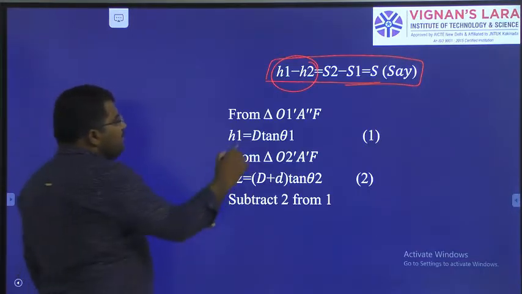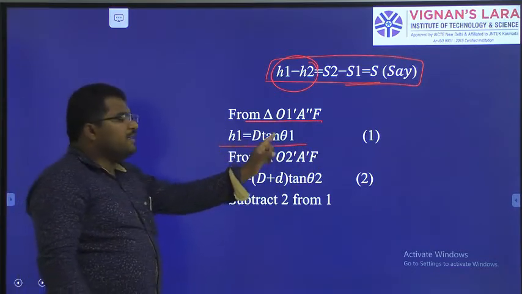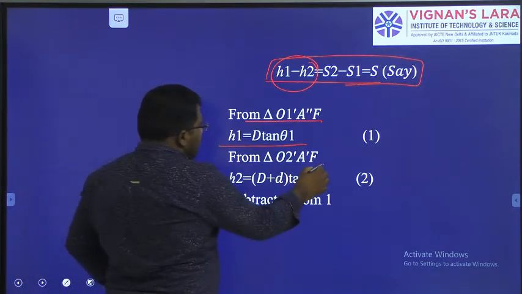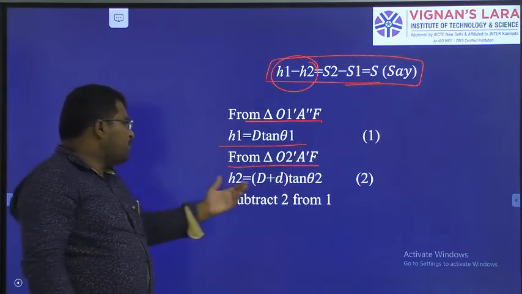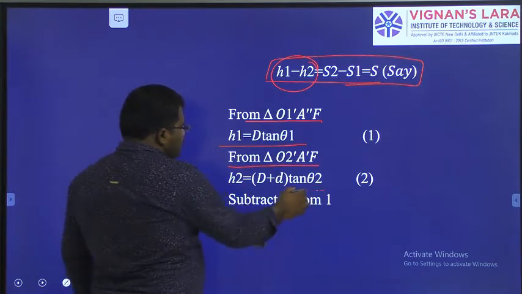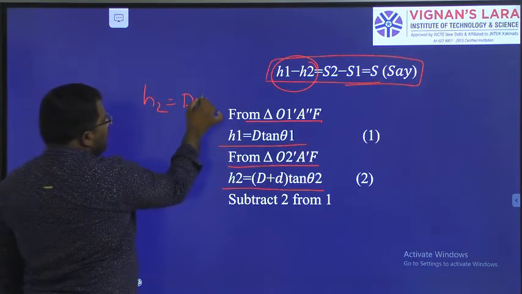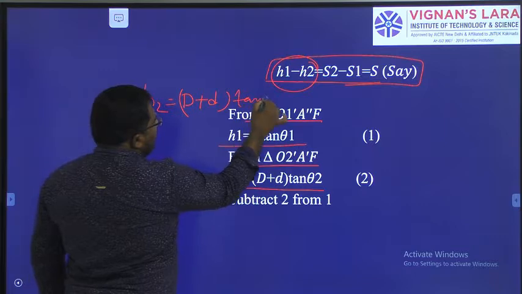Next, from the first triangle, we get H1 equals D tan theta 1. If we shift the instrument and take the triangle O2AF, we get H2 equals (D plus d) tan theta 2.